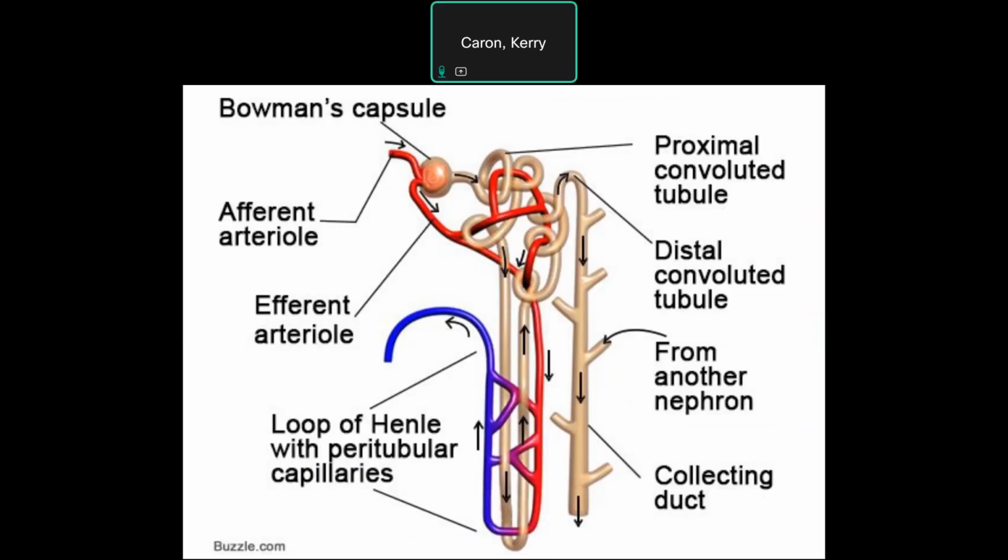The waste products, what eventually is going to become urine, go through the proximal convoluted tubule, the loop of Henle, where some reabsorption happens, and the peritubular, anything we want to keep. And then the distal convoluted tubule goes to the main branch of collecting ducts, which dump into the calyces.